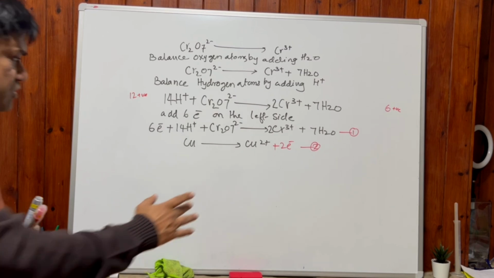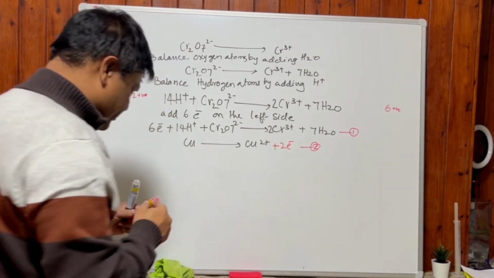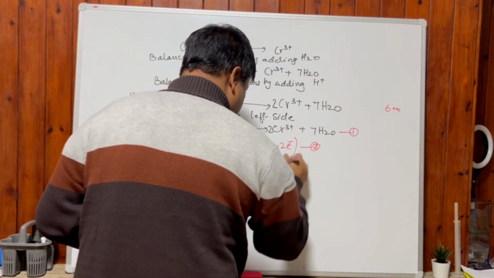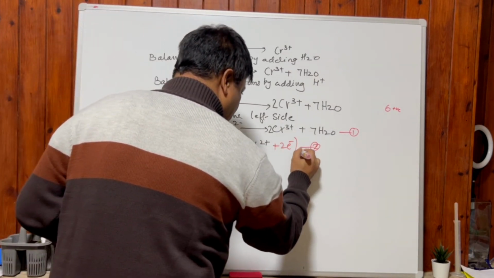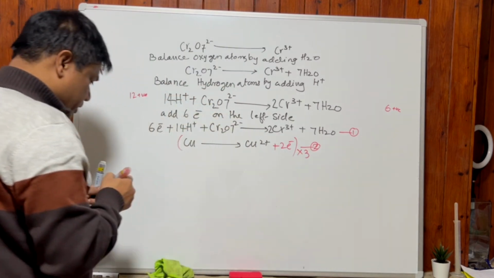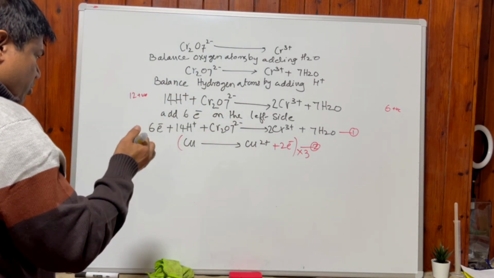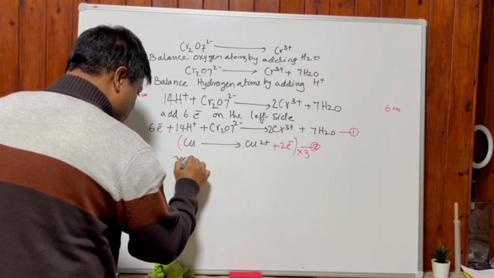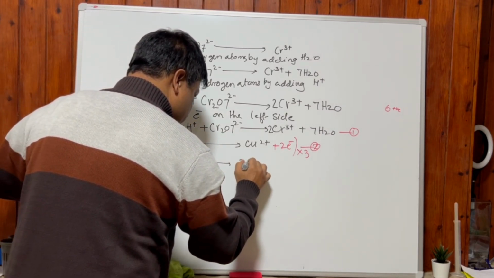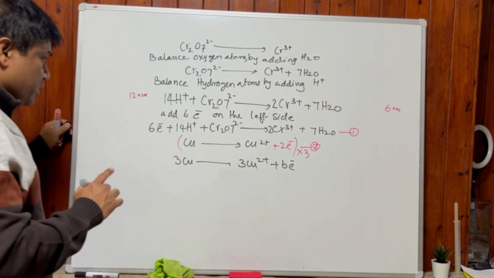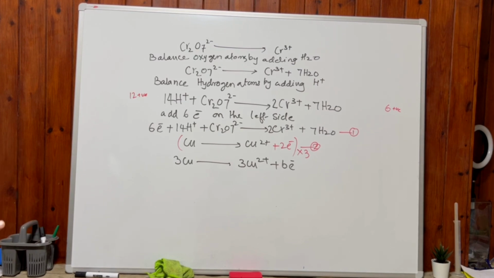The easy way is to multiply this equation by 3 and make the 2 electrons into 6 electrons. How many copper? 3 copper on that side. 3 Cu becomes 3 Cu2+ + 6 electrons.